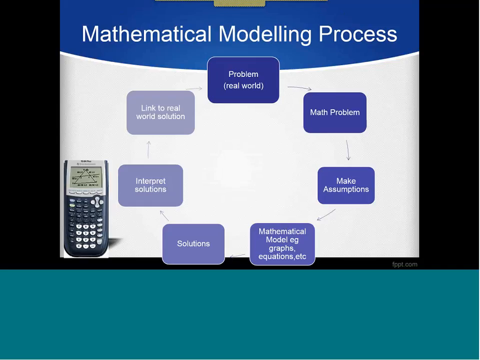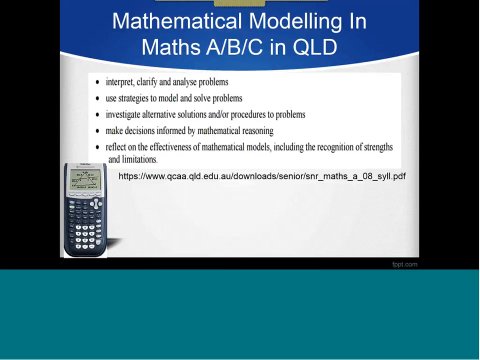So before I go in and look at some examples, just very quickly so that those of you who are not Queensland senior maths teachers can see where I'm coming from with my examples and my information here. In Queensland, we have for our senior maths the Maths A, Maths B and Maths C. Now Maths A is generally classed as the lower of the three OP level subjects, so university entrance subjects that students can do as such.